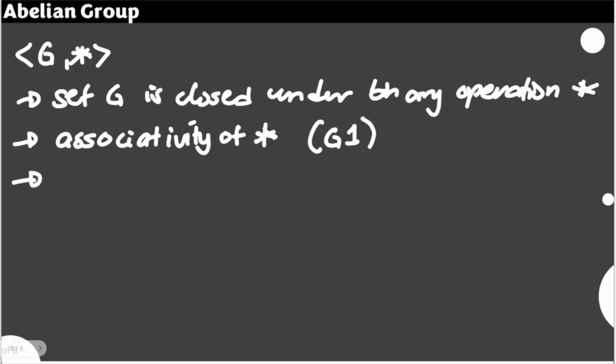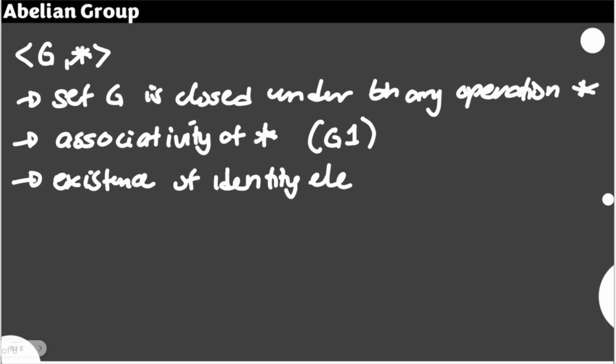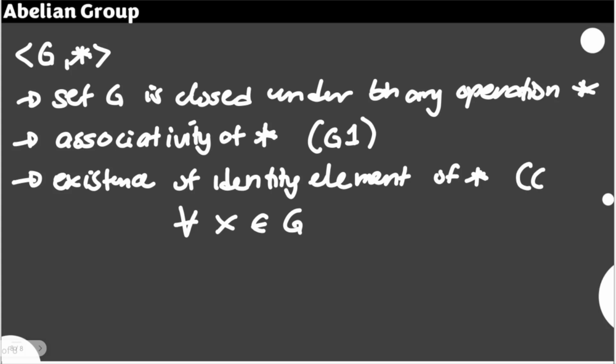The second axiom, or G2, is the existence of an identity element in star. Take note that this is true for all x in a certain set G. This is our G2.